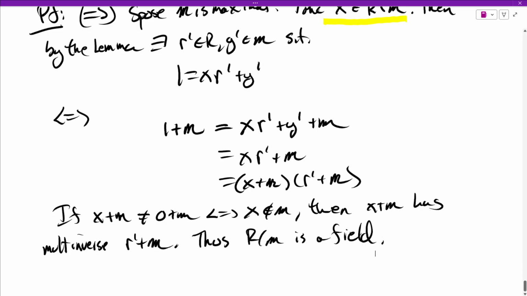Okay, so that's our forward direction. What we were doing in the previous lemma is coming up with a multiplicative inverse.